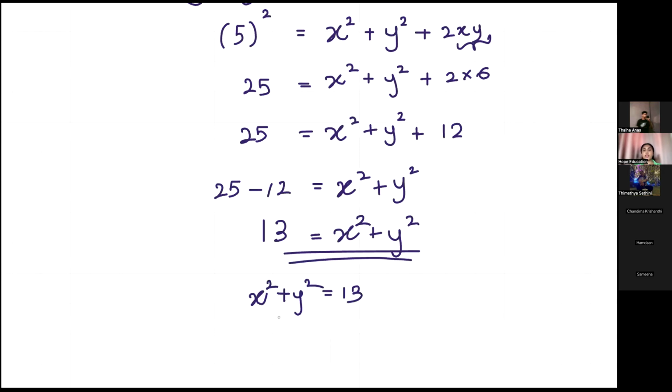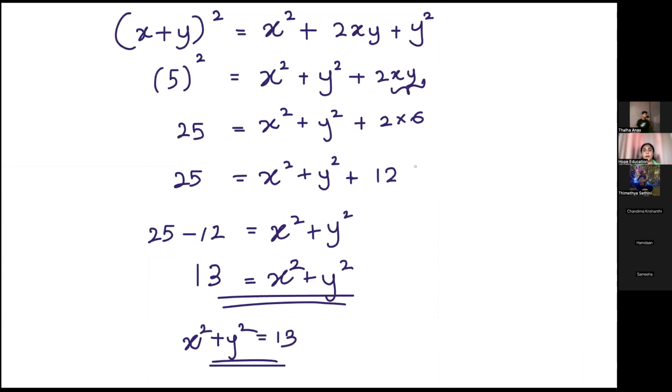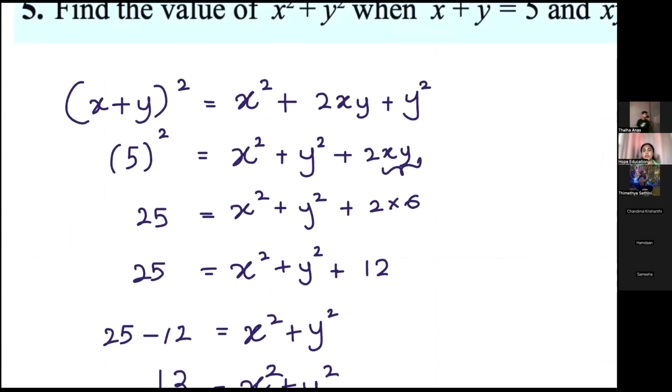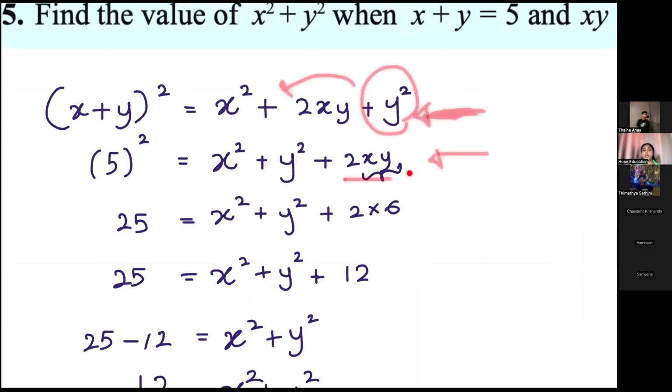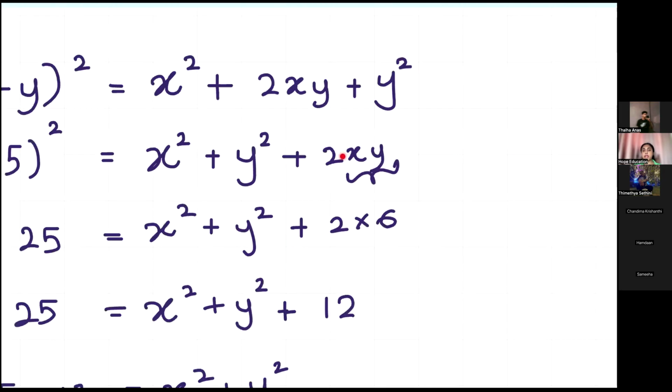Wait. Is this step clear, Hamda? Yes. Then this step? Yes. This y squared I brought to the front and moved the 2 times xy to the back. Is that clear? Yes. Now here, 2xy means 2 multiplied by x multiplied by y.